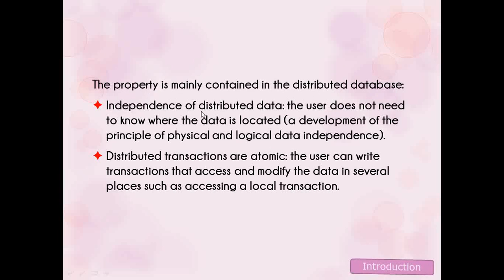The first is independence of distributed data, so the user does not need to know where the data is located, following the principle of physical and logical data independence. And the second, distributed transactions are atomic, so the user can write transactions that address and modify the data in several places, just like accessing a local transaction. So those are the two properties of a distributed database.